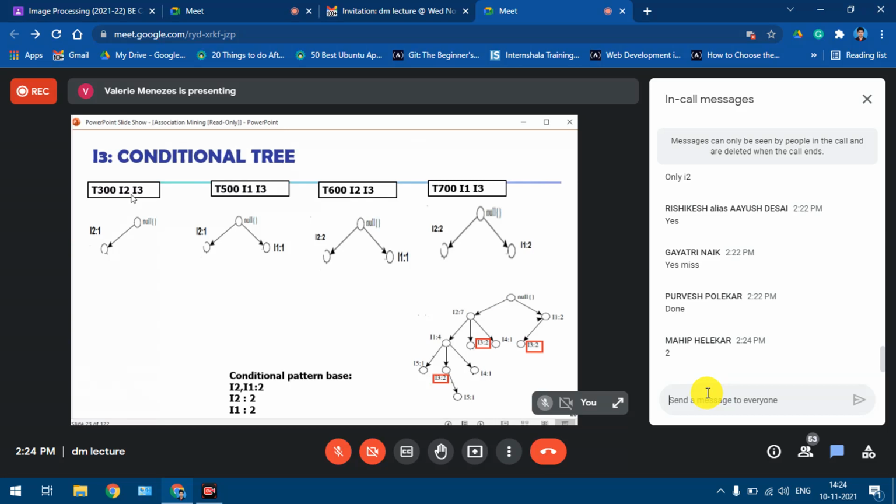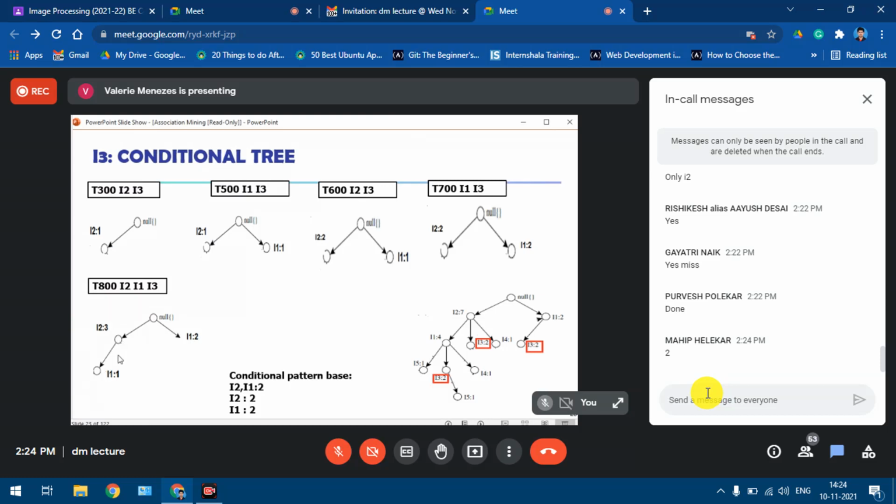Then we have I1, I3. It is 2, and here again this will also be 2 because they are traversing through the same node again. Then you have I2, I1, I3. We have I1 as a node, but we don't have I2, I1, so from I2 we create a node for I1.